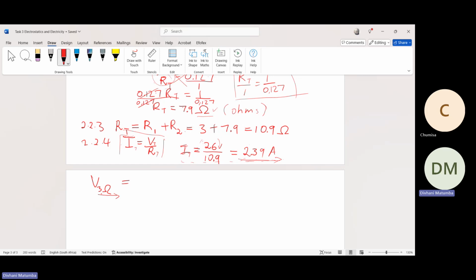Okay, so V at 3 ohms, it will be what? So are we going to multiply the voltage with the ohms? Yeah, electricity is all about Ohm's law, and the principle of adding resistors.